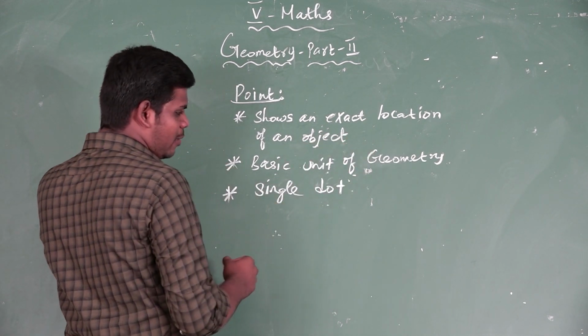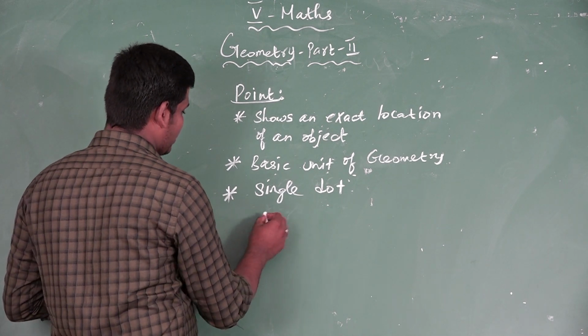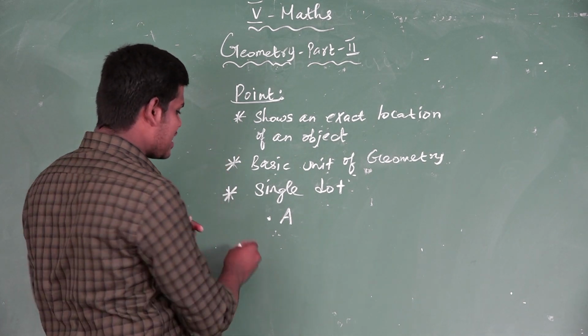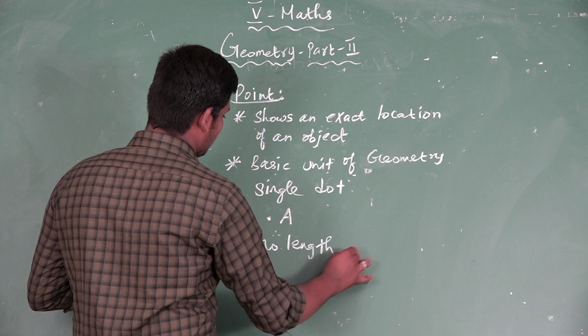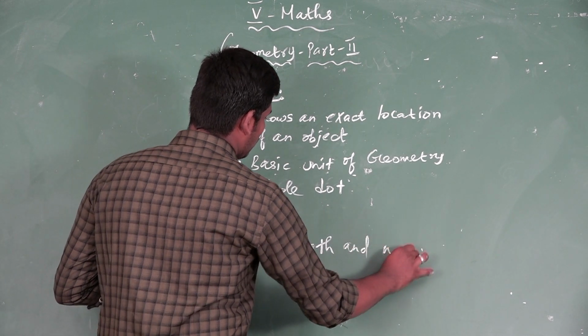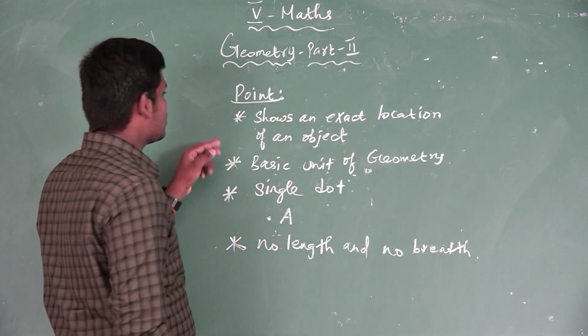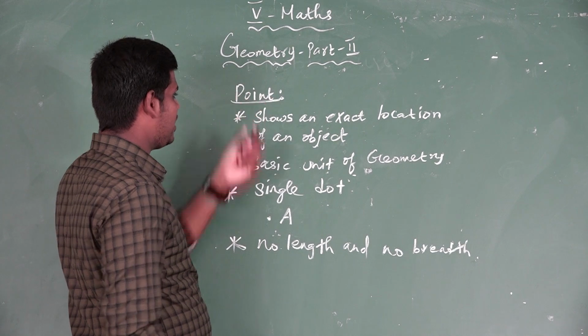It is named by using a single capital English alphabet, that is point A. We know very well a point has no length and no breadth. So exact location means, to find out any object, we must need the point.